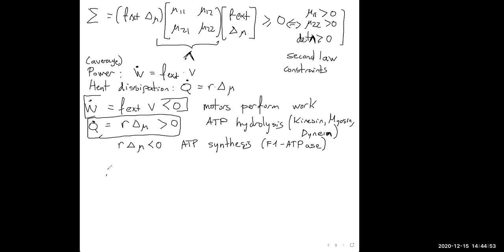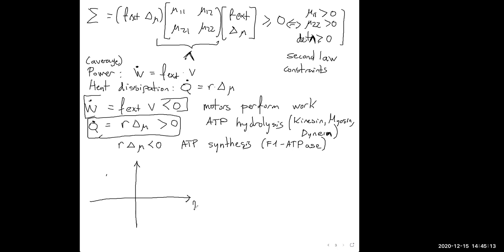And now what is very important is that here we can plot a phase diagram. People doing research in motors were interested in phase diagrams, meaning that the motor can have different phenomenologies.